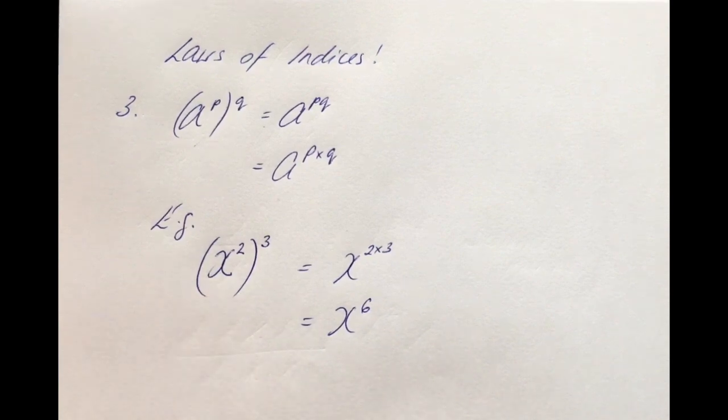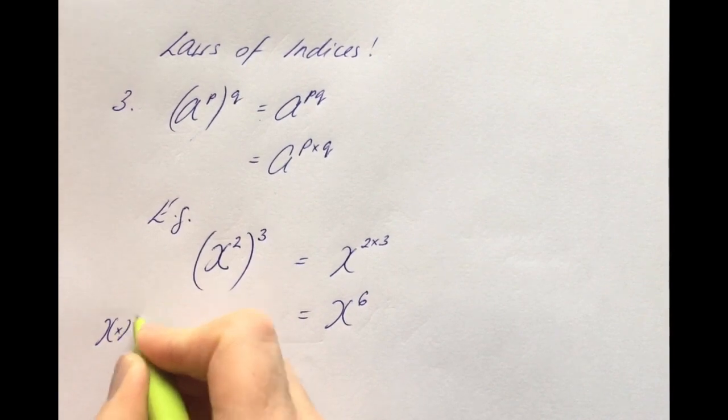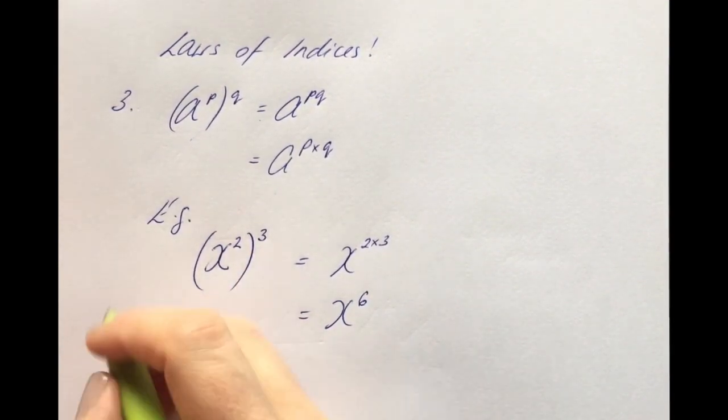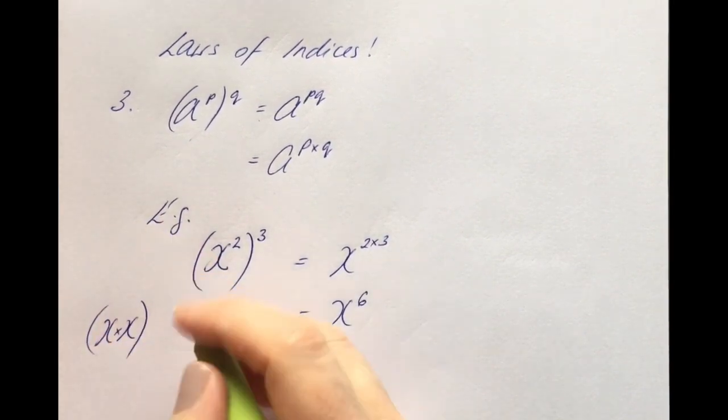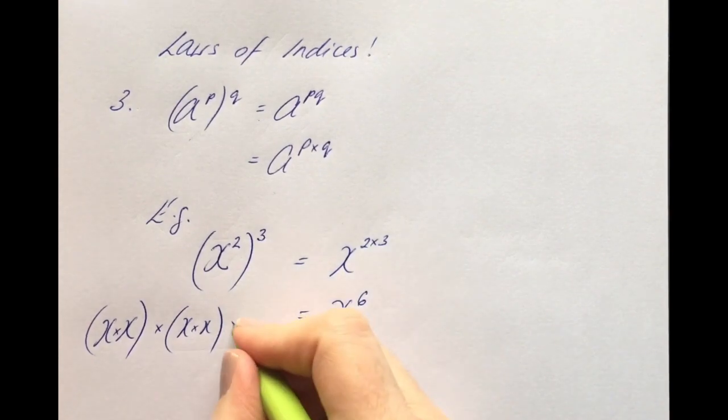Well, let's see, shall we? X squared, another way of writing x squared is x times x. Now, if you're cubing that, that means you're multiplying that by itself 3 times.